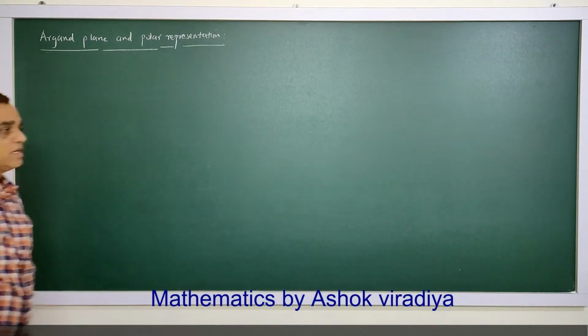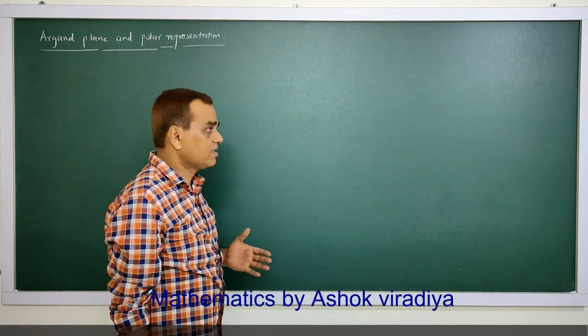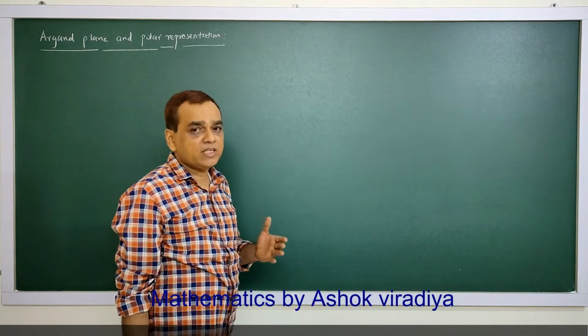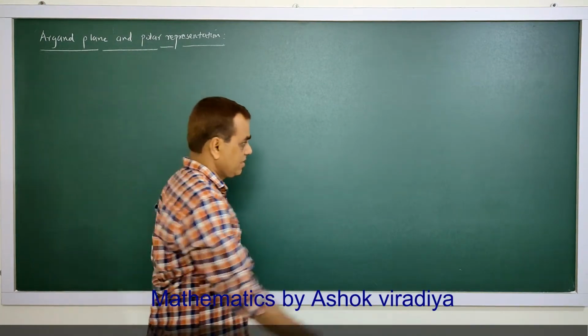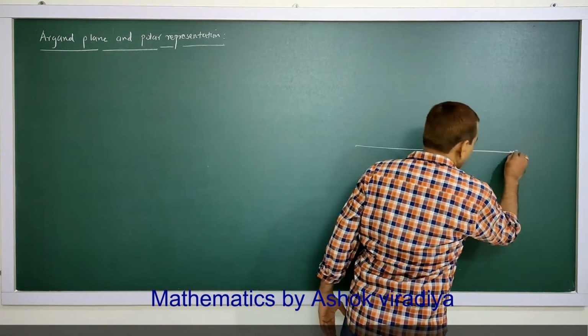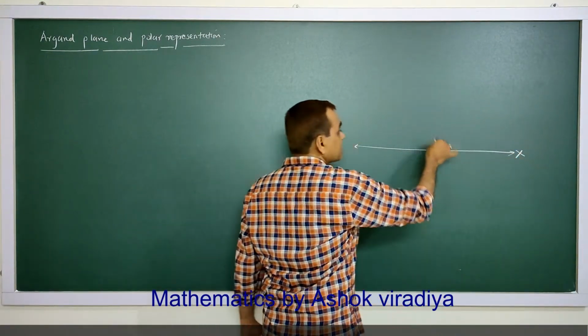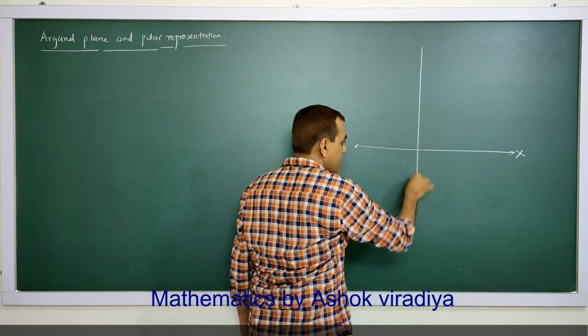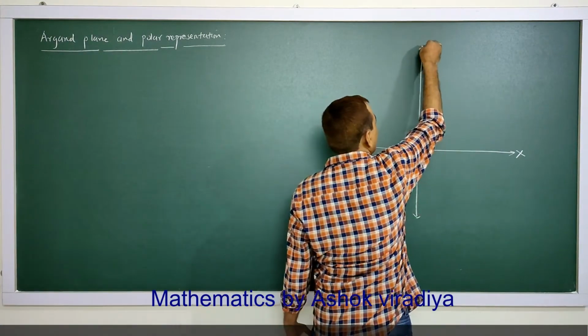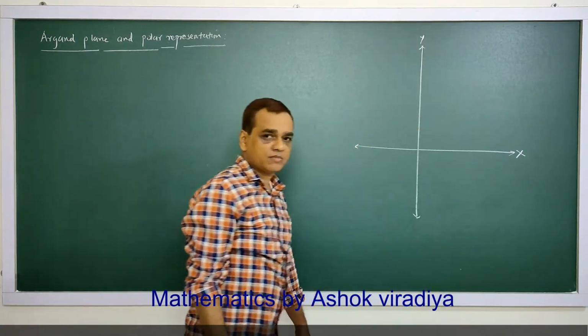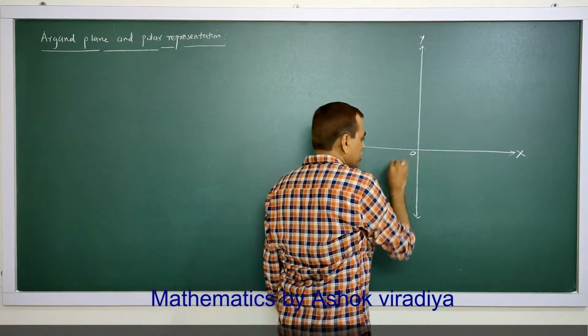Now see, in R square, that is in a two-dimensional plane, to represent a two-dimensional plane, we take this coordinate axis, x-axis and y-axis. This is the origin.